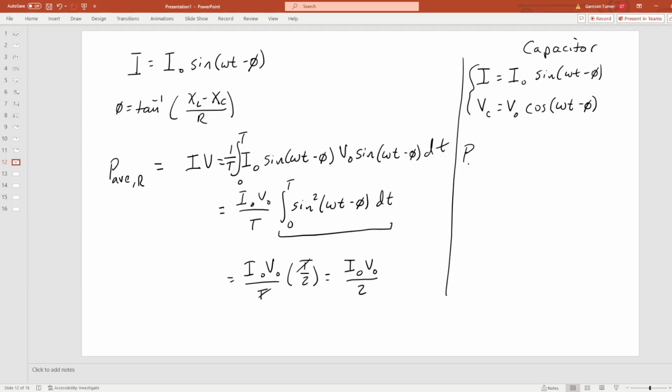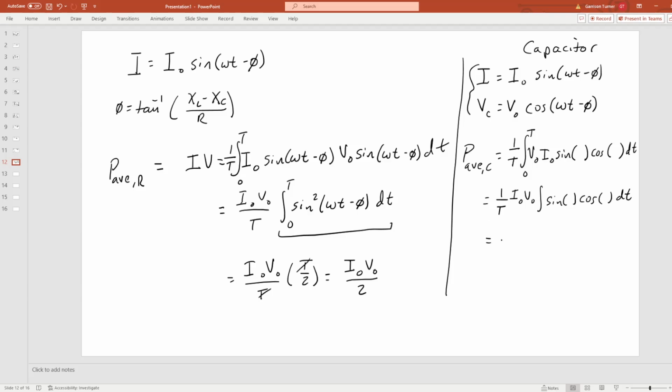And so the power through the capacitor, if we do the same calculation, the time average, where the arguments are the same, we need our dt.